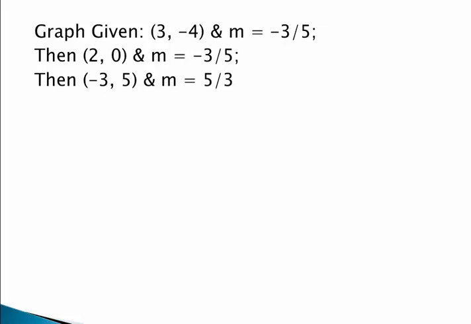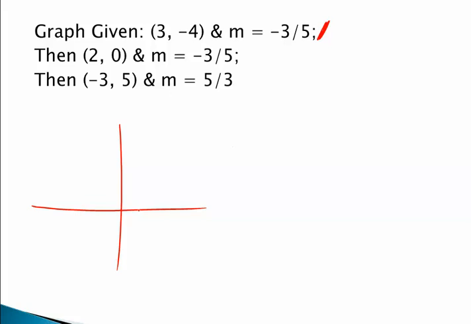And the last thing we're going to talk about in these lessons, we're given a couple things of a point and a slope, and I'm going to do this all on one graph so we can hopefully see what's going on. I'm going to do the first one in red. If I'm given a point 3, -4, and the slope is -3/5, that's enough information to graph this linear line.